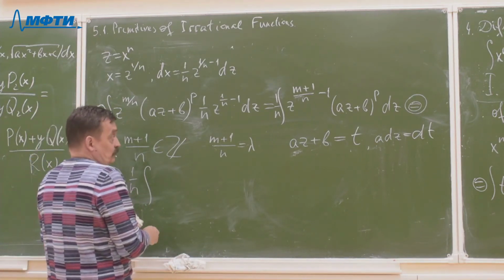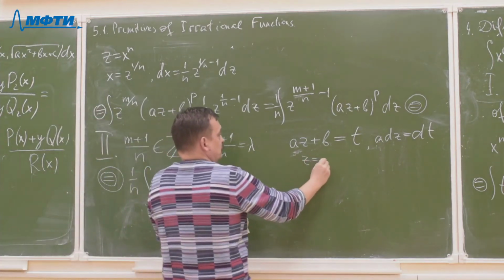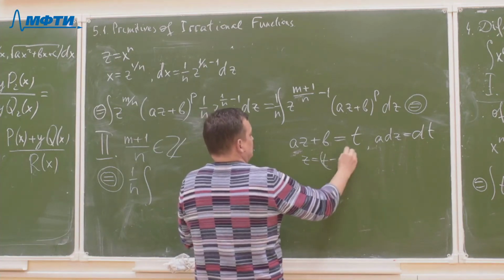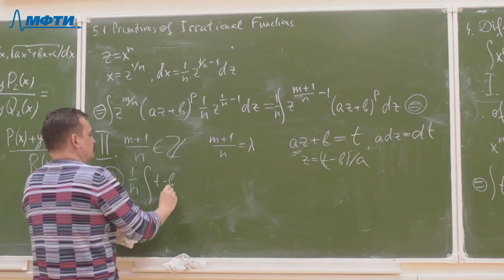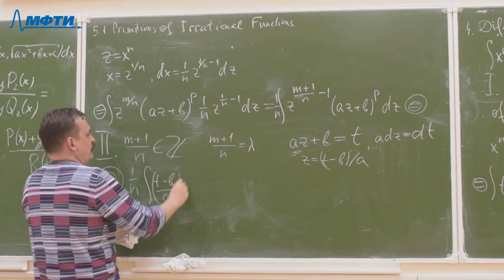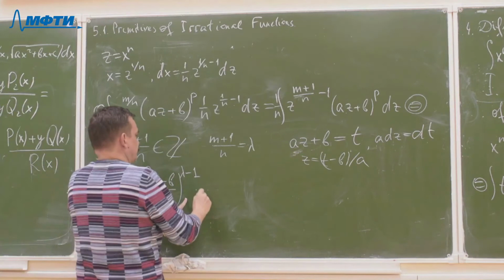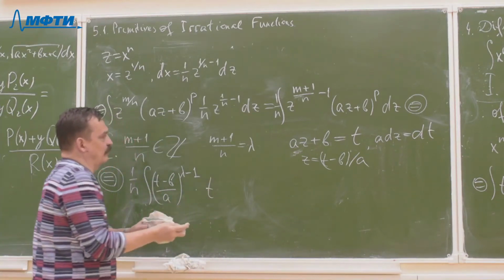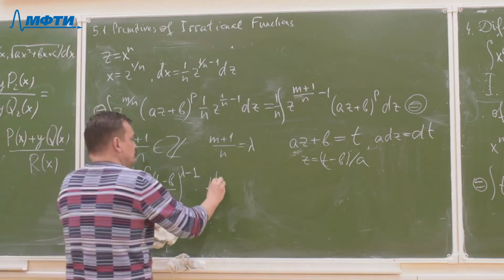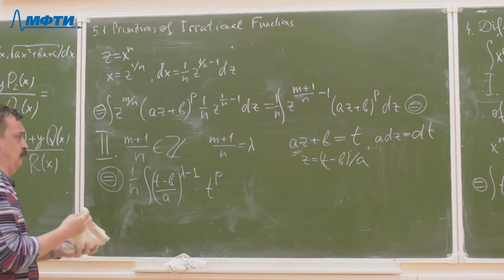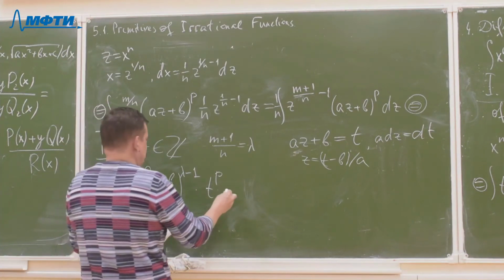So what remains? Let me write. Also z equals t minus b over a. So we have (t minus b over a) to the power lambda minus 1 times t to the power p, and also dz is dt over a.